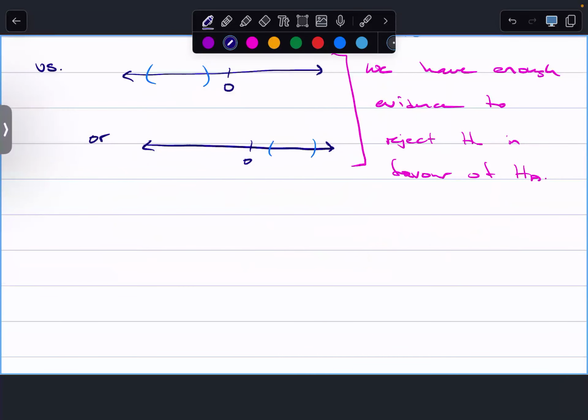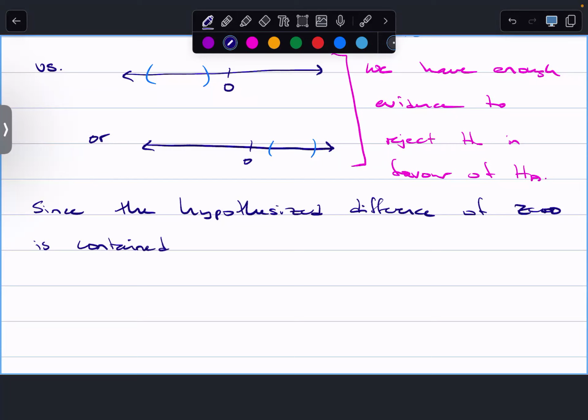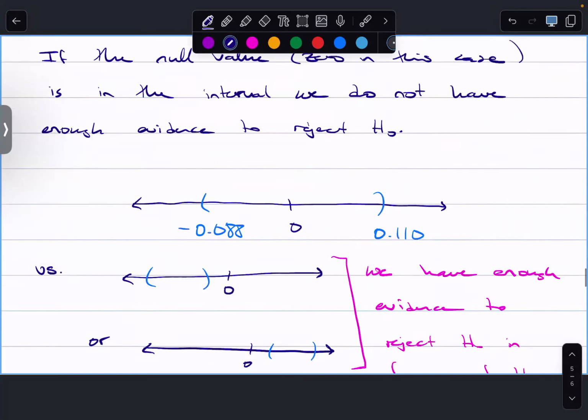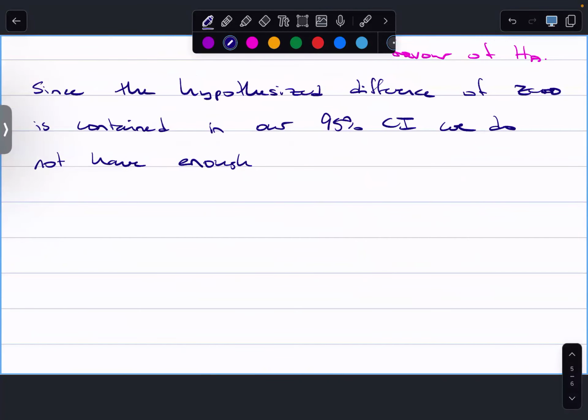So we can summarize that by saying, since the hypothesized difference of 0 is contained in our 95% confidence interval, we do not have enough evidence to reject H naught.